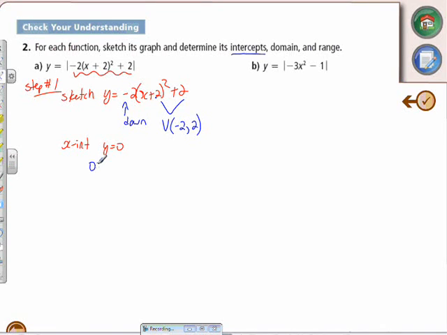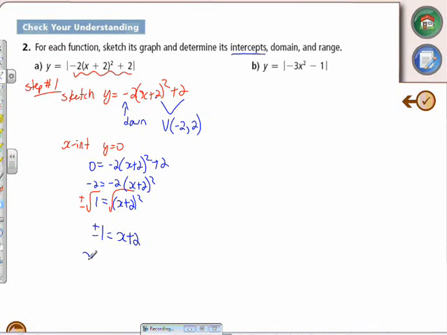So plug it in. 0 equals -2 bracket x plus 2 squared plus 2. Subtract the 2 over. -2 equals -2 bracket x plus 2 squared. Divide by the -2. Square root both sides, but don't forget when you use square root, it's plus or minus. So plus or minus 1 equals x plus 2, and subtract that 2 over.